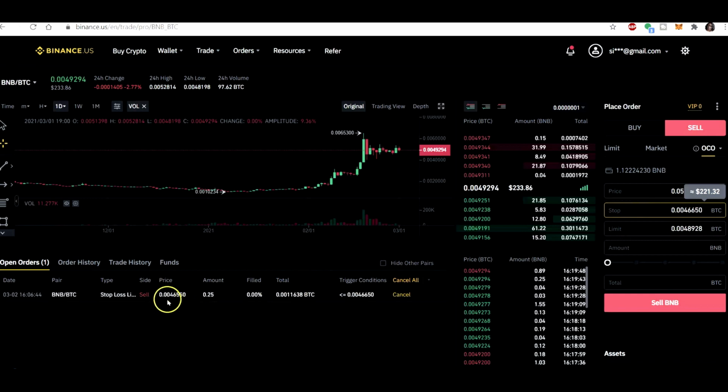And then the actual sell point is this figure here. I want to sell 0.25 there.